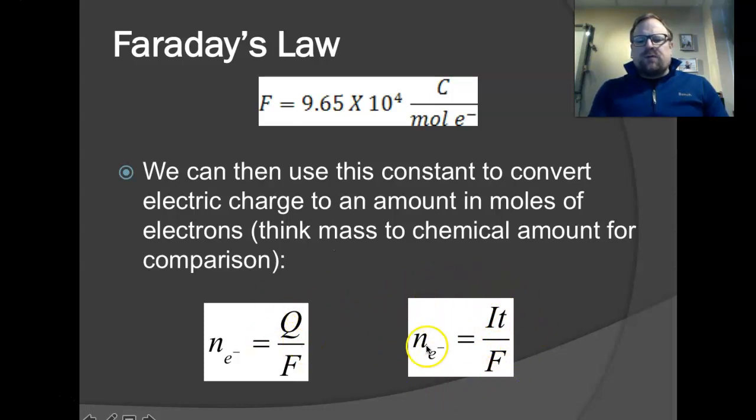But we're going to use this formula here because it expands on the Q. So we see the I, which is the current measured in amperes, t, which is time measured in seconds, and F, Faraday's constant, which is coulombs per mole of electrons. And then remember that n, this is just number of moles again, in this case of electrons, is measured in moles.